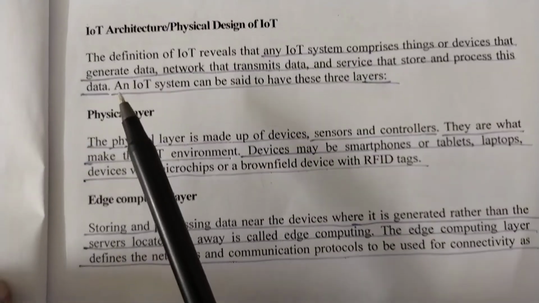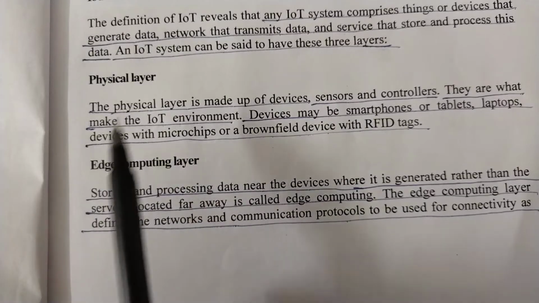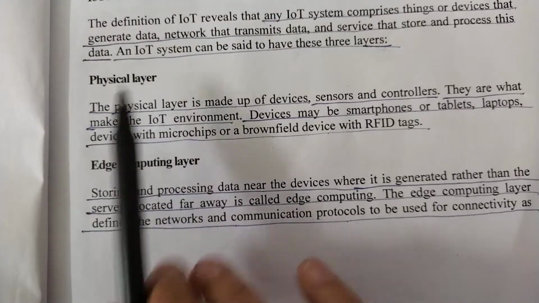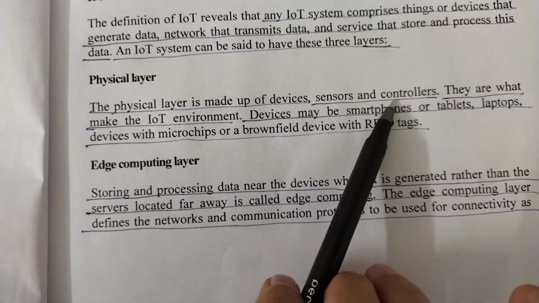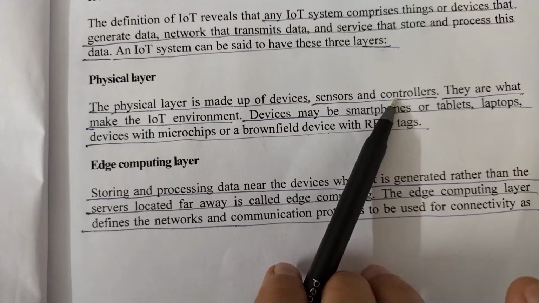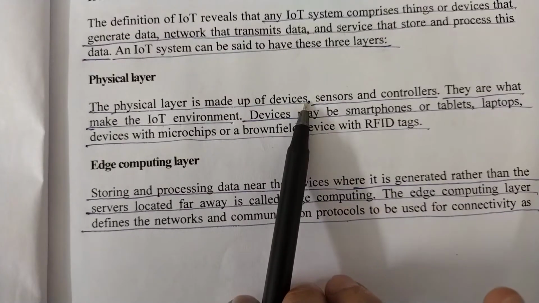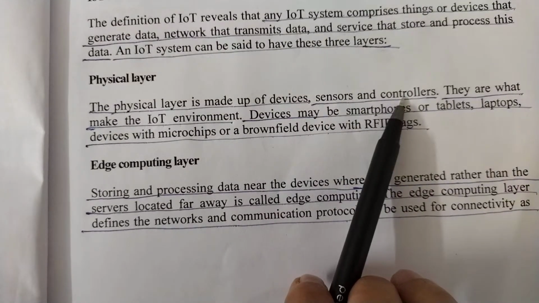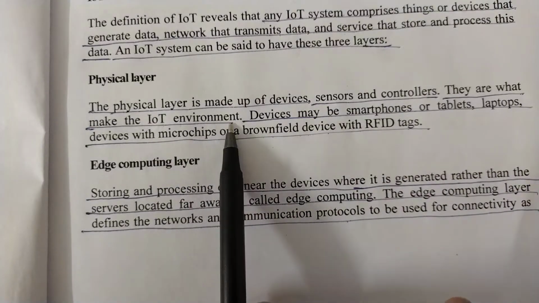Now the first layer in the IoT architecture, or in the physical design of IoT, is your physical layer. The physical layer is made up of devices, sensors and controllers. So when we talk of the physical layer, we can visualize devices, sensors in those devices and controllers, right? Now they are what make the IoT environment.